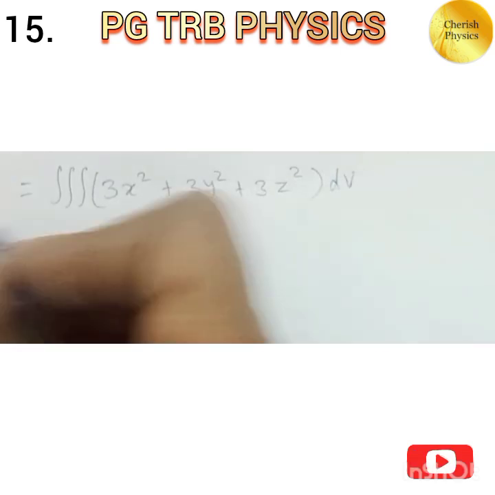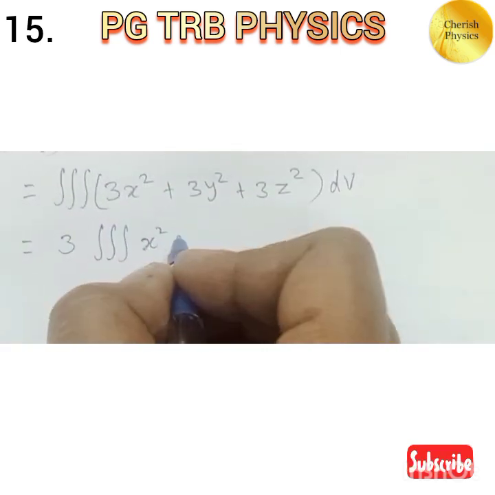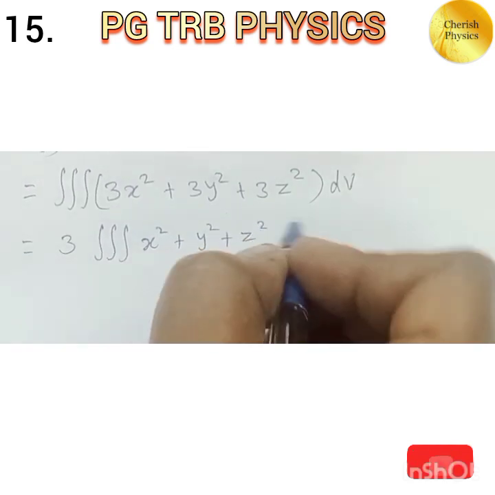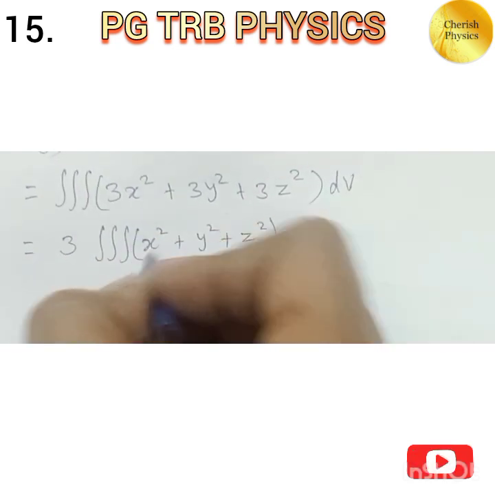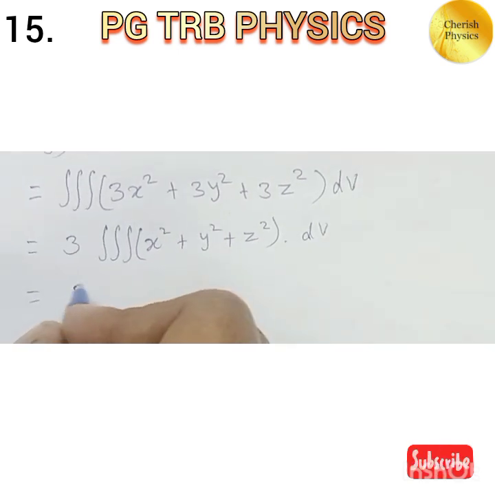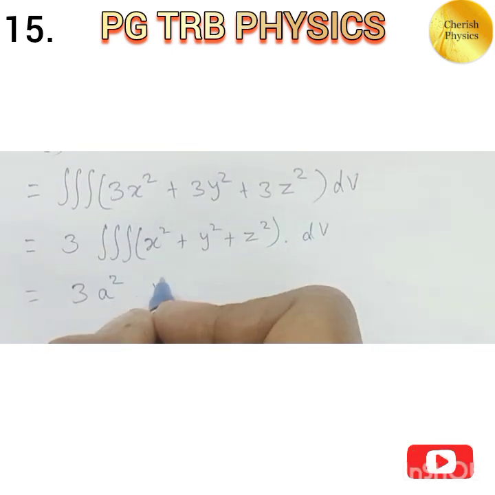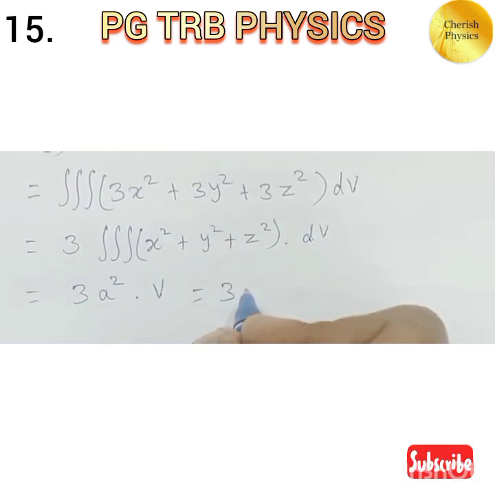Let us take 3 outside. So which is equal to 3 into integral over the volume of x squared plus y squared plus z squared into dV, which is equal to, the value x squared plus y squared plus z squared is a squared, and integral over the volume dV, which is equal to V. So we get 3a squared into V.